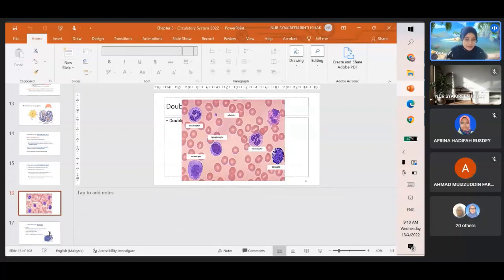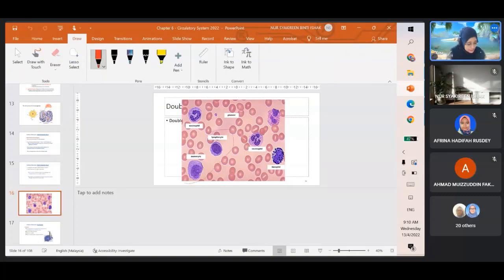The presence of granules, we call it granulocyte. Without the presence of granules, it is agranulocyte. Okay, so agranulocyte, dia ada dua je kat sini, which is lymphocyte and also monocyte. Monocyte will develop into macrophage. Okay, macrophage, the function of this cell is to engulf pathogen in the mechanism of body defense.